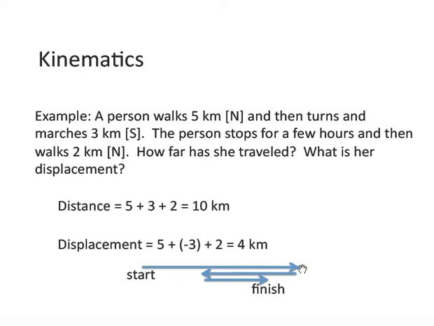Well, 5, then we've gone back 3. So right now, at this point, we'd be 2 kilometers from where we started. But now we travel another 2 kilometers, and 2 plus 2 is 4 kilometers. Remember what displacement is. It's how far away are you from where you started? Well, you are 4 kilometers away, specifically 4 kilometers north from where you started.